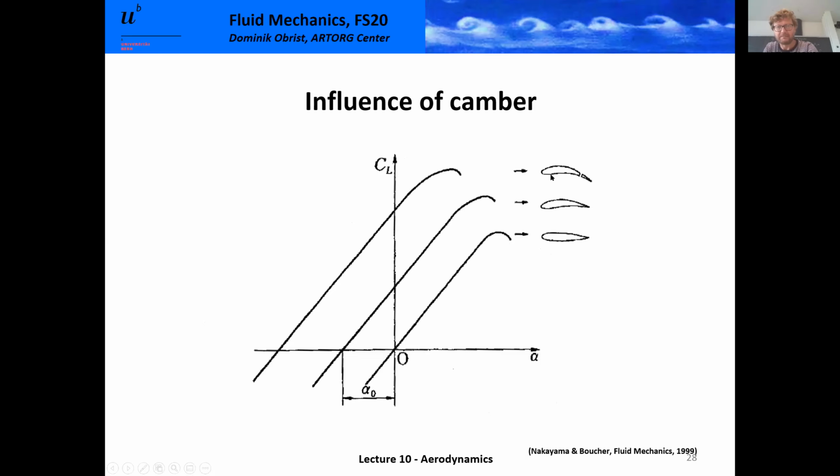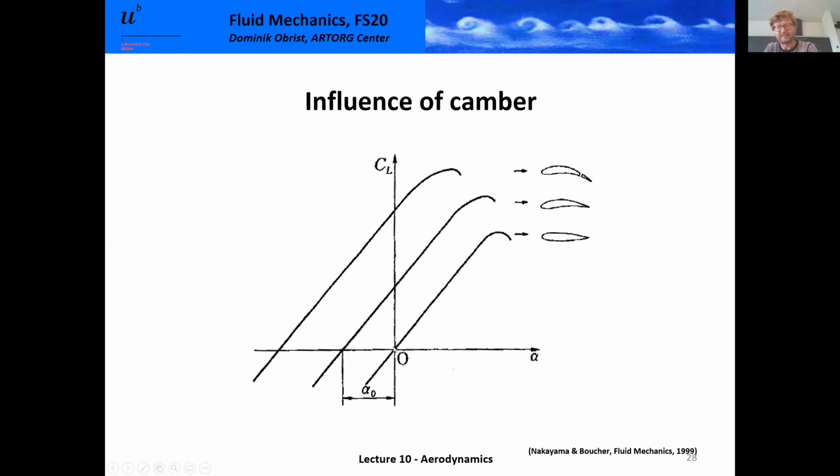You can see that here. These are the same airfoils from the Joukowsky family, except that this one at the bottom has 0 camber and the two on top have increasing camber. The 0 camber airfoil goes through the origin, and the higher the camber is, the more the lift coefficient is shifted upward.